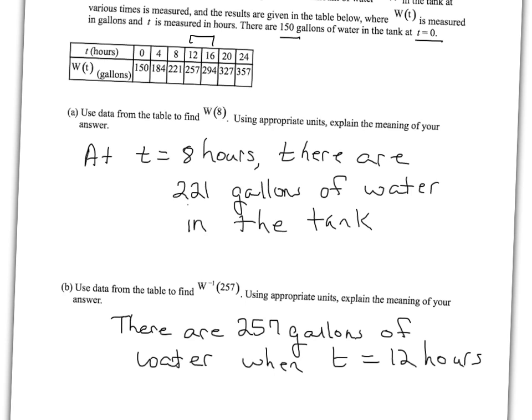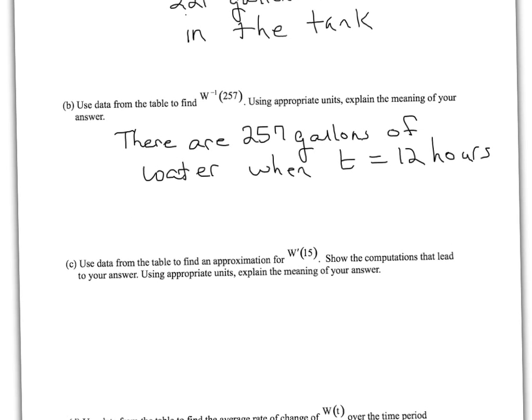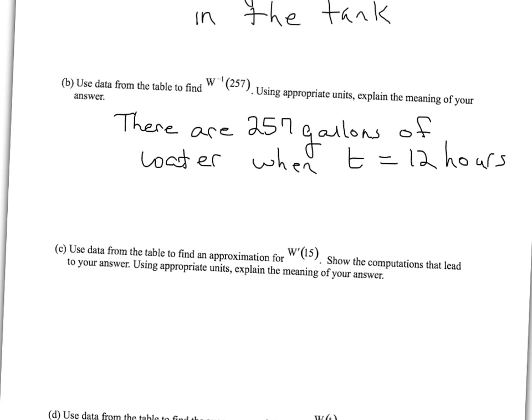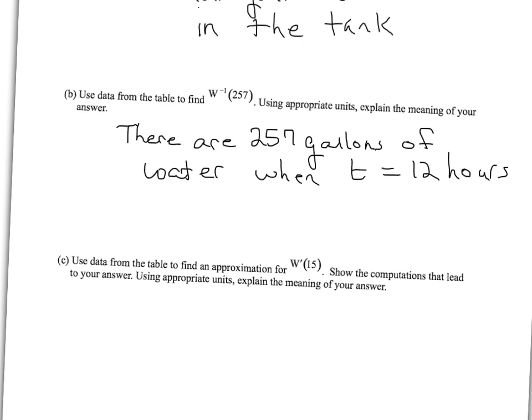Now let me show you how you need to show this. All right, so here, what we're going to say is W at 16 minus W of 12, over 16 minus 12.